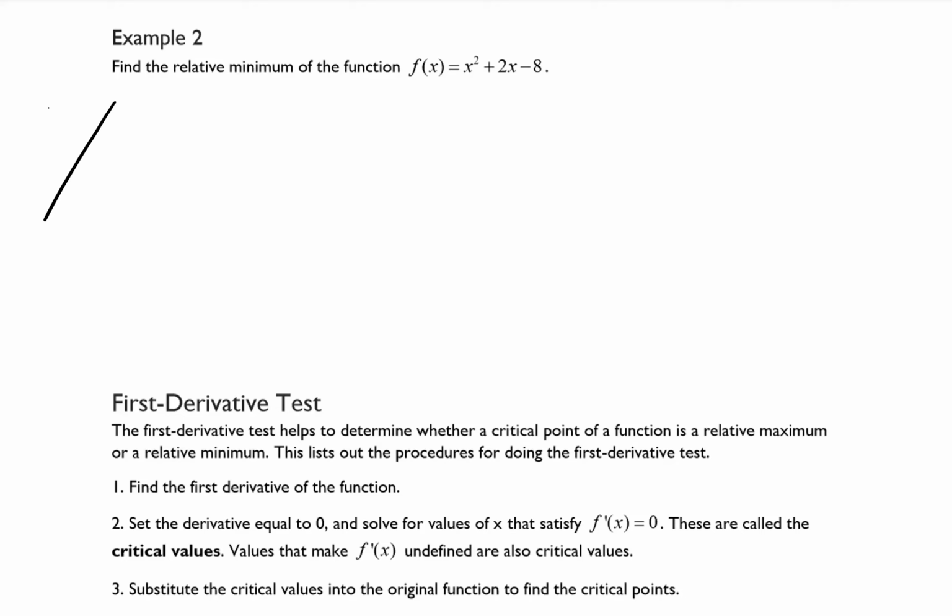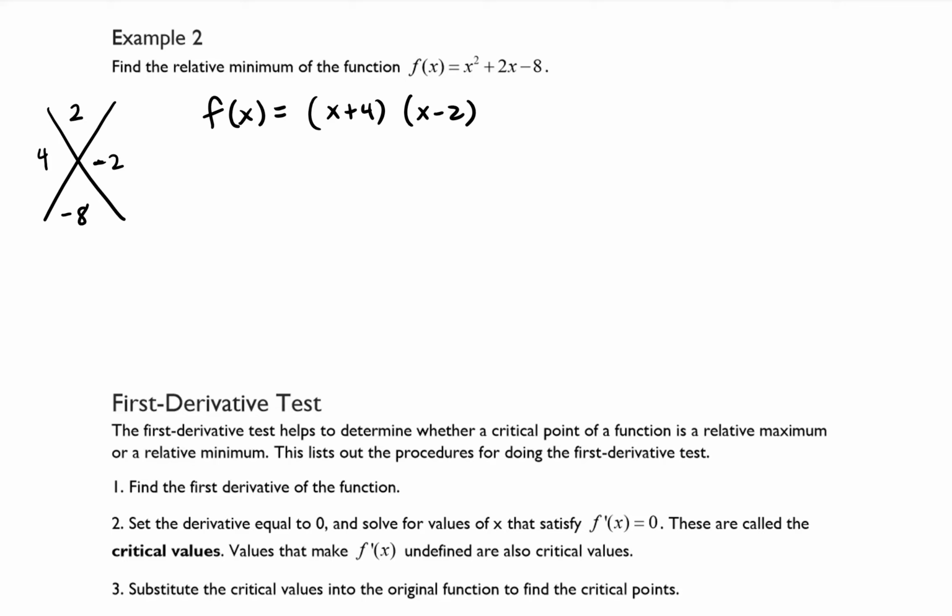So I'm going to use the x method, and I'll put the b value here and the c value here, and I want to come up with two numbers that add to positive 2 and multiply to negative 8, and those numbers are going to be 4 and negative 2. So that means that f of x factors into x plus 4 and x minus 2.